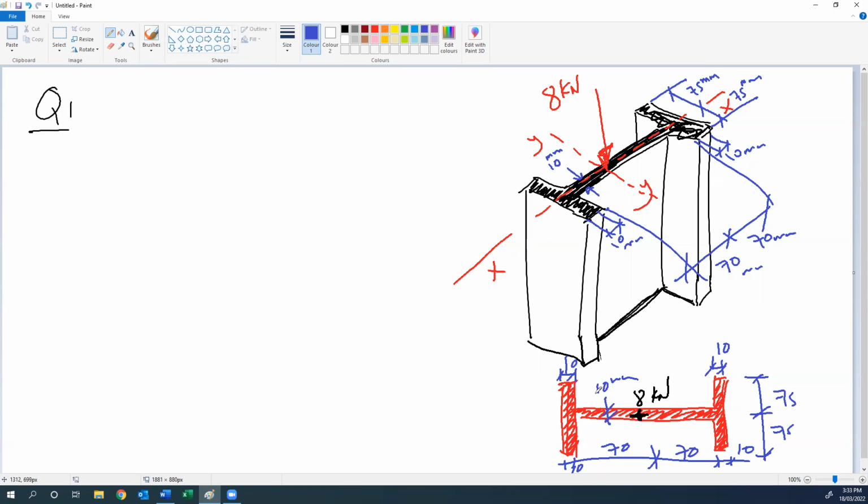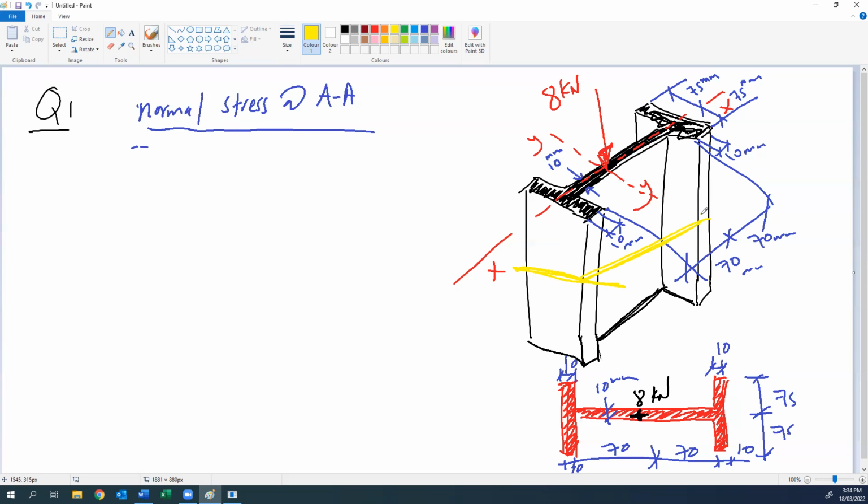Okay. Now we know the dimension and the applied load, and we need to know the requirement. We need to calculate the normal stress at section AA, and section AA is given somewhere here. So this is section AA.